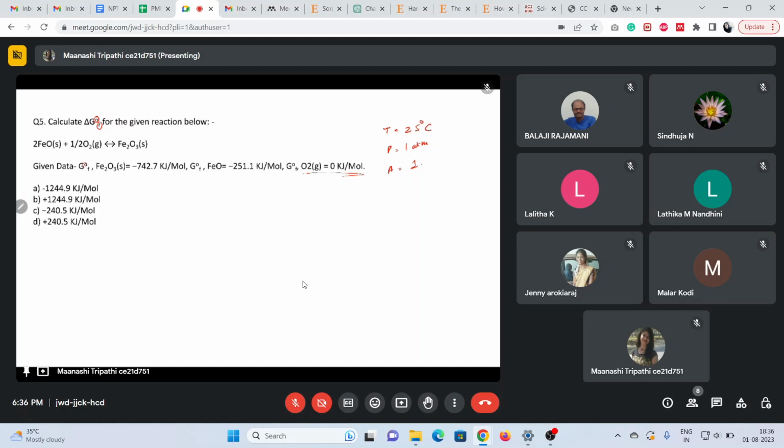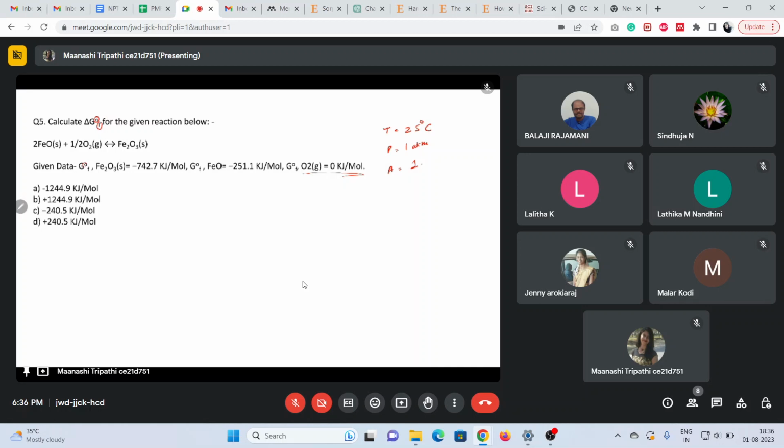It is Fe2O3 in solid form. It is a kind of precipitation reaction. Okay, so no, it's a combustion reaction because oxygen is acting on FeO. So we'll see how it comes, and we'll check if the reaction is feasible.